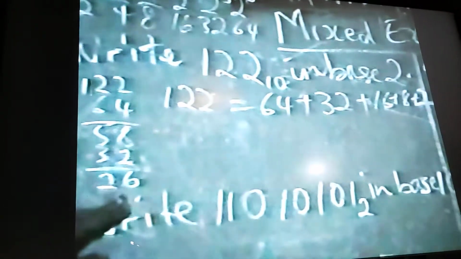So what you do is you write your 122 as 64 plus 32 plus 16, plus 8 plus 2. Break your figure down into powers of 2.